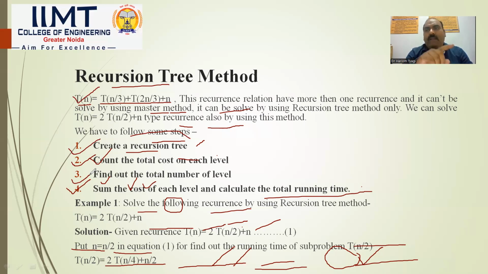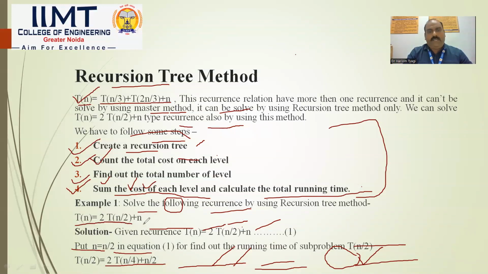Like if the cost of each level is n and the total number of levels is 10, then the total time complexity is 10 times n. Then you sum the cost of each level and calculate the total running time. These four are the steps to find the solution by using the recursion tree method.